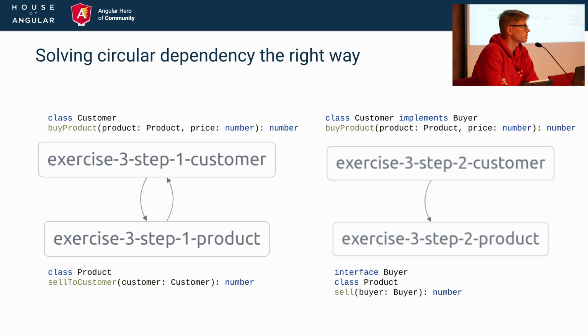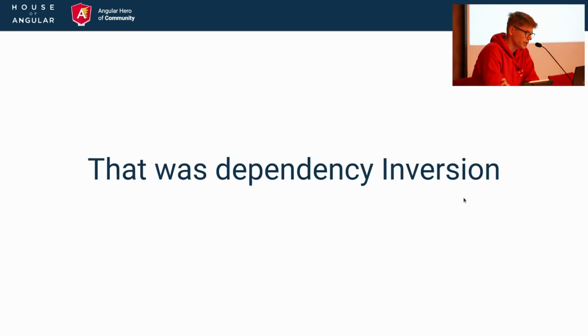You can just easily mock this implementation in your unit tests and check if everything works, and then ask maybe another team to create the customer buy product implementation and just use it in our application. So we see that this coupling was removed, and now only the customer relies on the product. And we have the one-way coupling. And that was the dependency inversion.